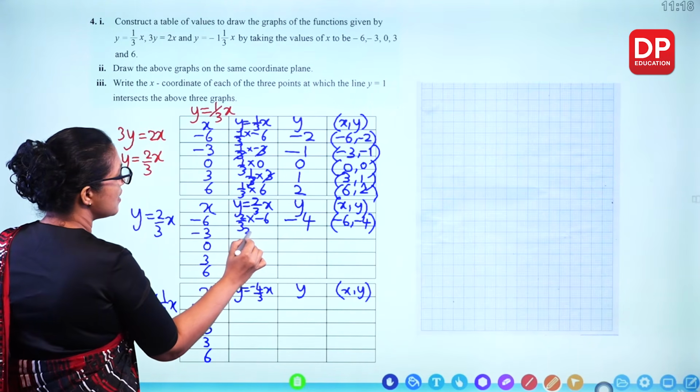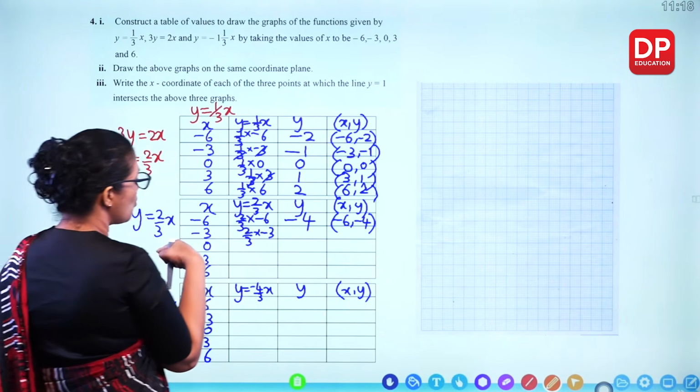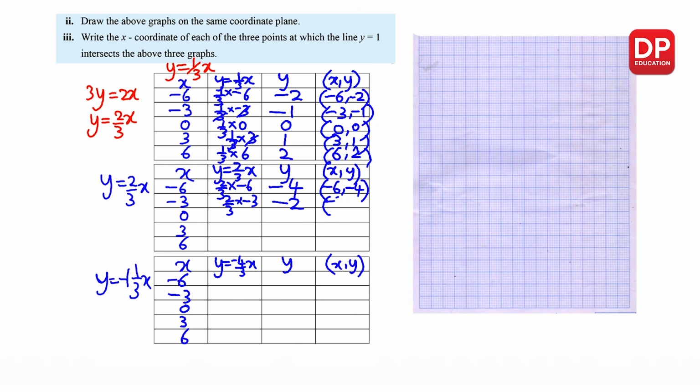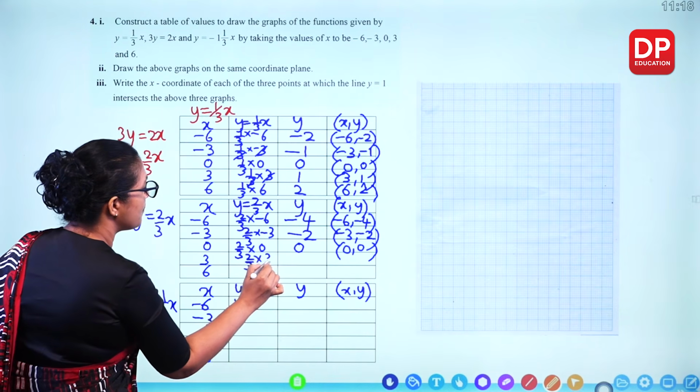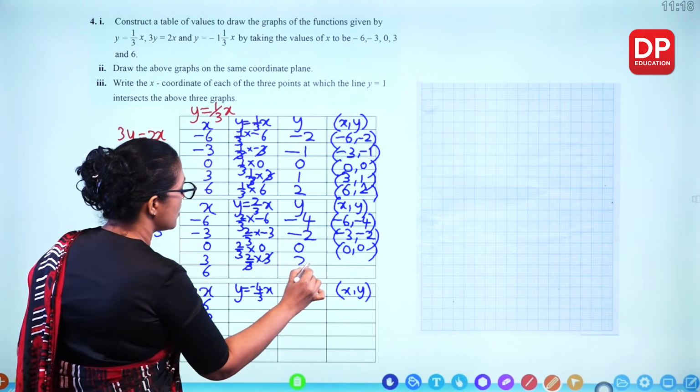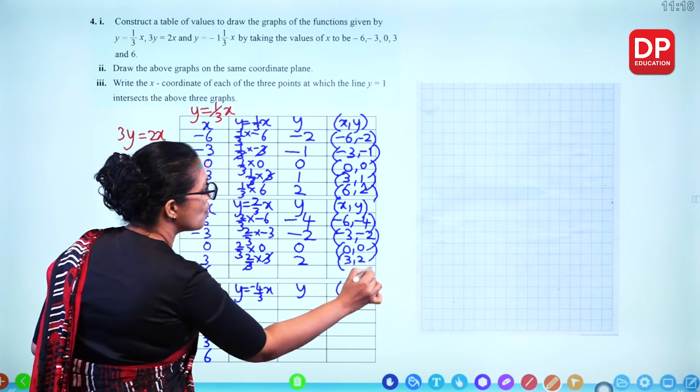Minus 3, 2/3, and minus 3, minus 2. Minus 3 and minus 2. 0, 2/3 into 0, so you get 0, 0. And when x equals 3, 2/3 into 3, you get 2. So 3 comma 2.